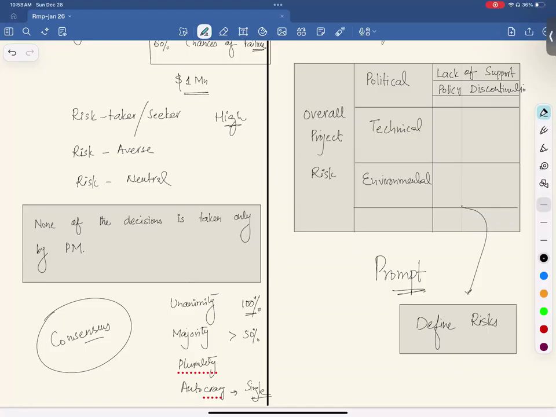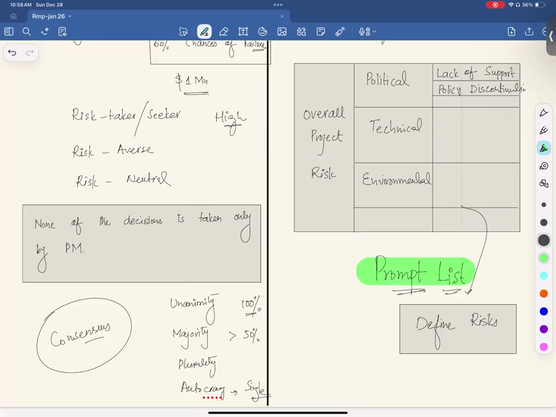That's why this lowest level of categories is called a prompt list. Is it clear, everybody? It acts as an input to define more risk.